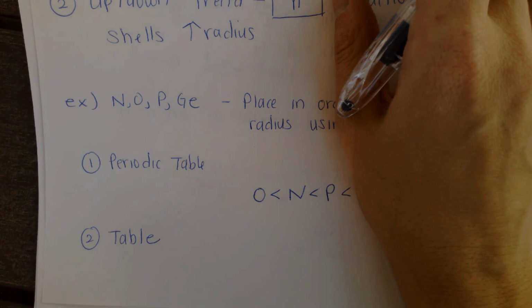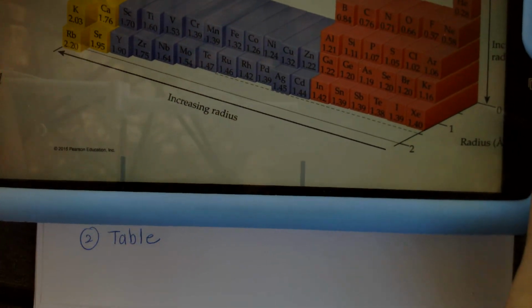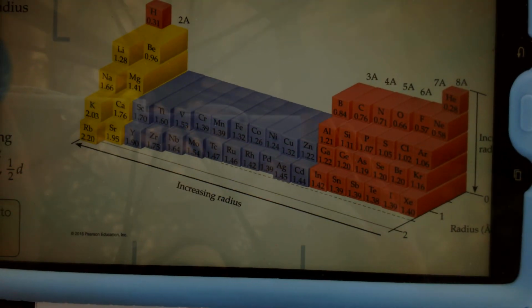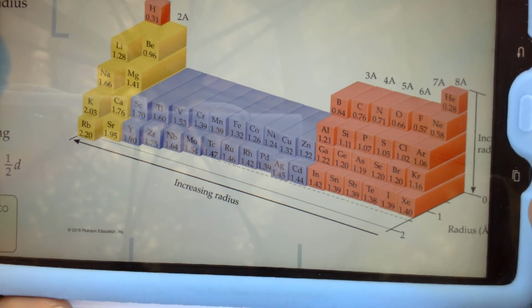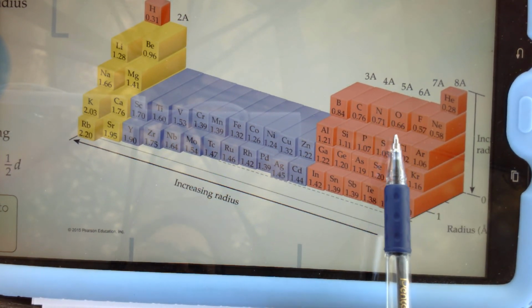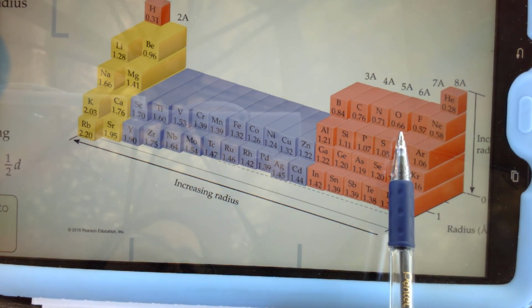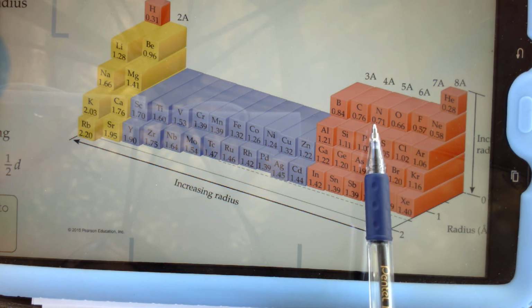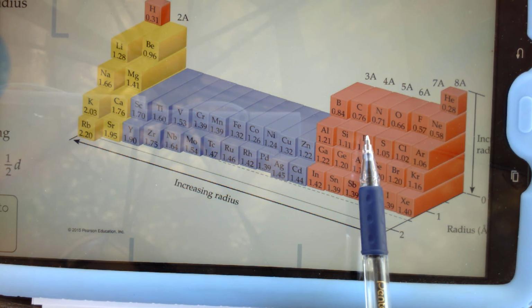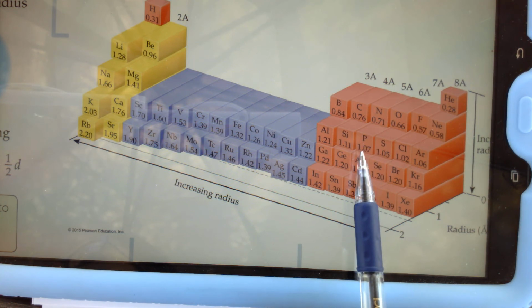Okay, so let's see how that stacks up to what we have here. We said oxygen was the smallest, so it is measuring in at 0.66. Slightly larger, nitrogen at 0.71. Okay, good so far. Phosphorus at 1.07, so good so far.